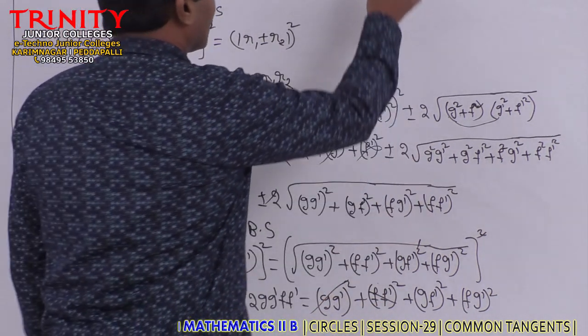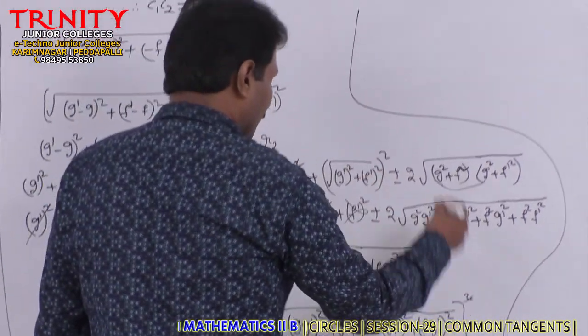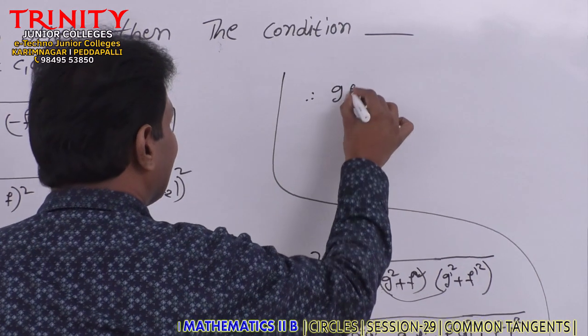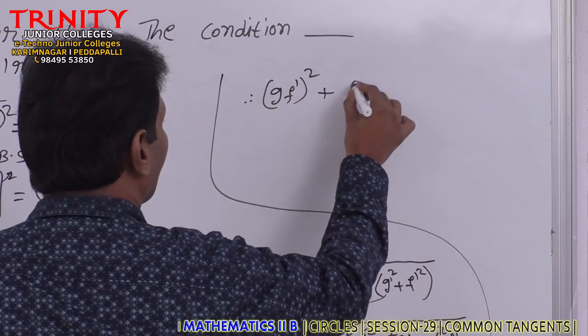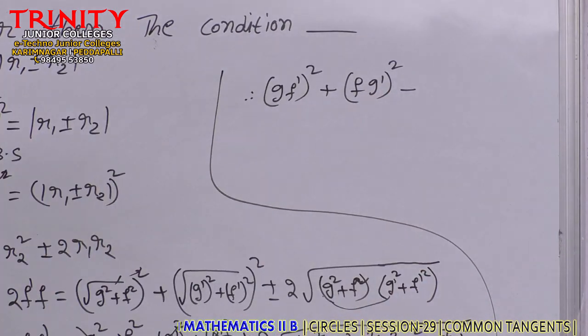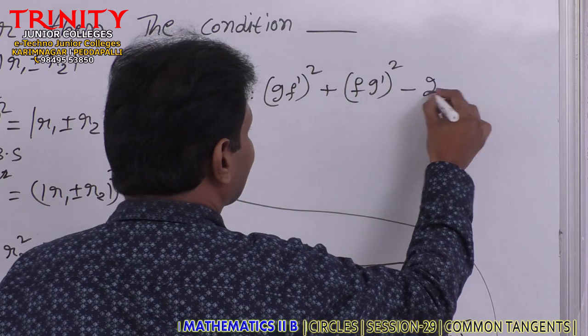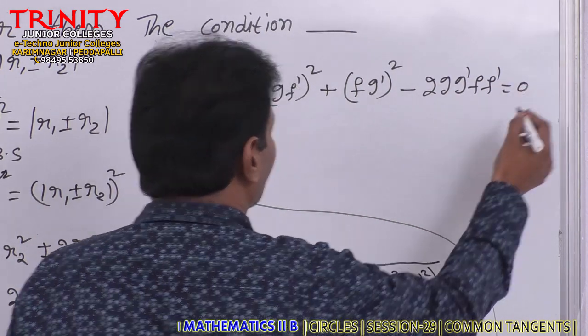We take this other side, therefore g f dash whole square plus f g dash whole square minus 2 g dash f dash equal to 0.